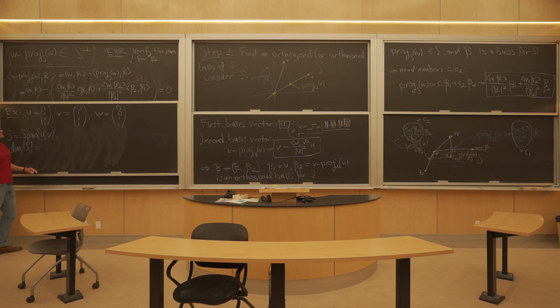You can immediately see this because, if you're thinking of linear independence in terms of non-redundancy, only U allows you to move in the first direction. And V doesn't allow you to do that. But of course, you can write down the linear independence equation, go through the motions, and you're going to see that indeed, U and V constitute a basis for S.